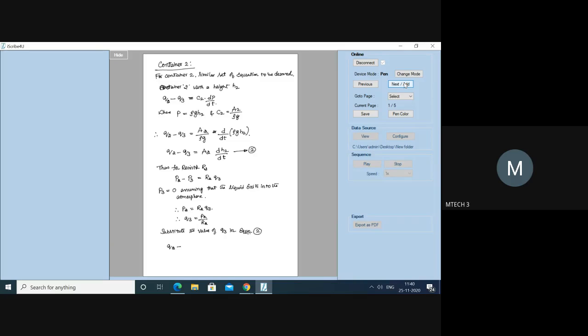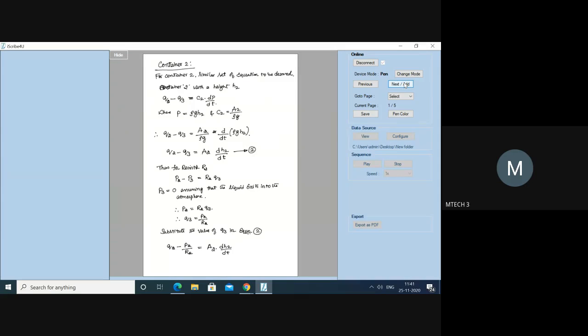Q3 is P2 by R2. That will be equal to A2 into dH2 by dt. Is it clear? Have you taken up till here? Yes, sir. Q2 minus P2 by R2 is equal to A2 into dH2 by dt.